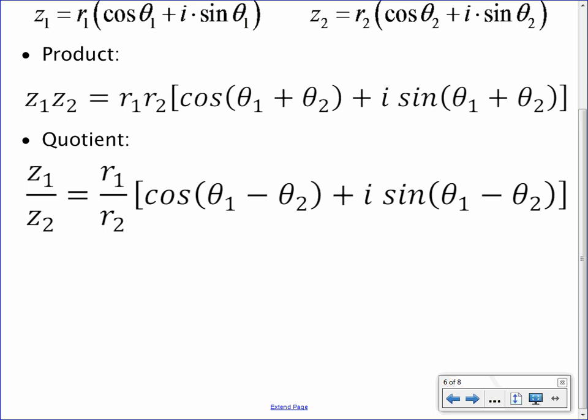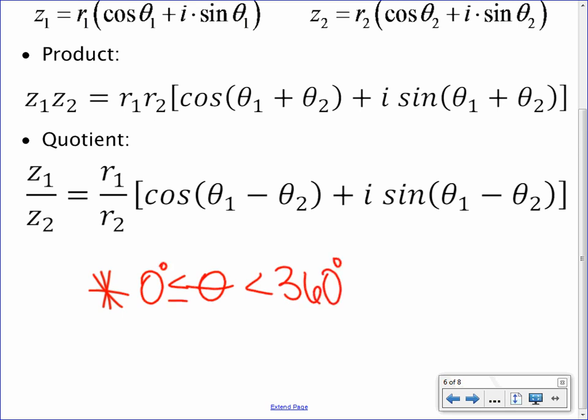Now, I do need to make a little note. Your angle needs to be between 0 and 360 if we're working in degrees. 0 and 2 pi if we're working in radians. Okay?